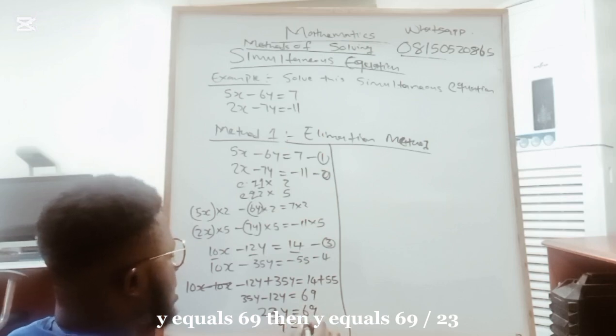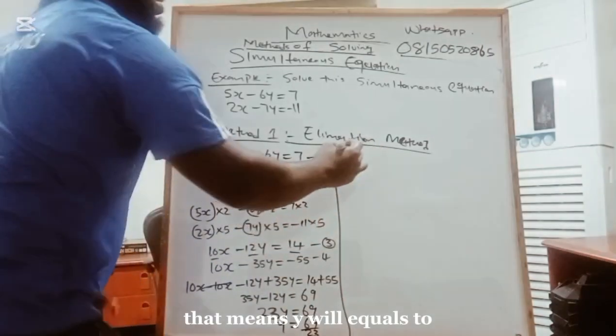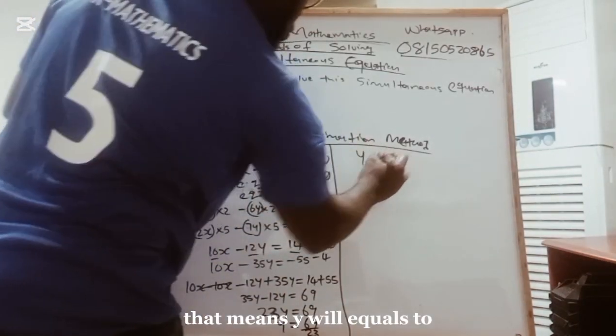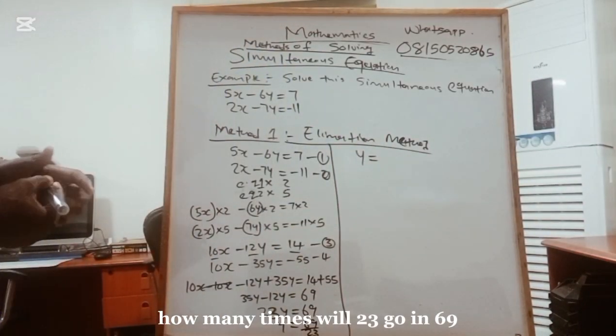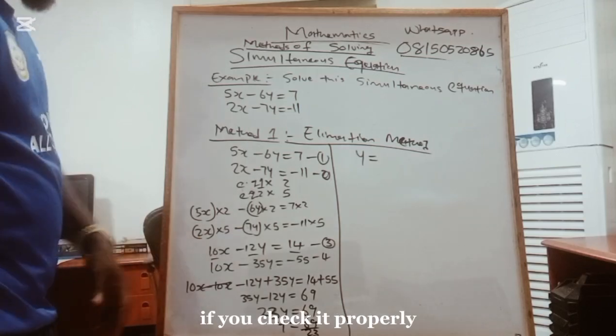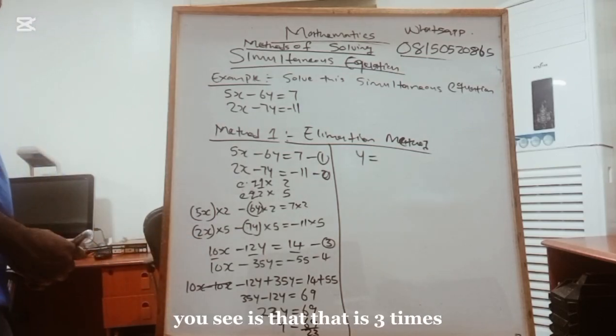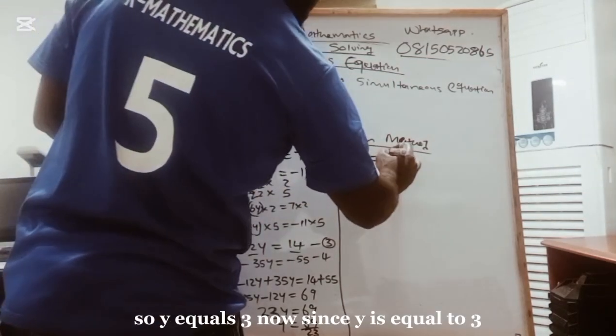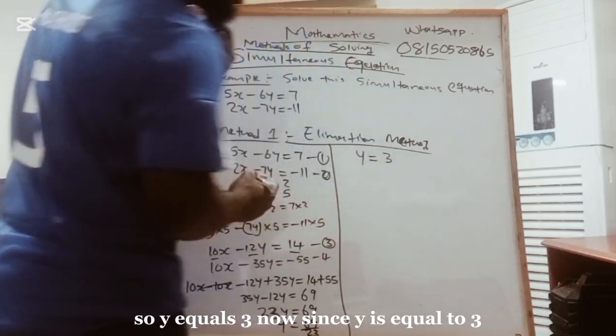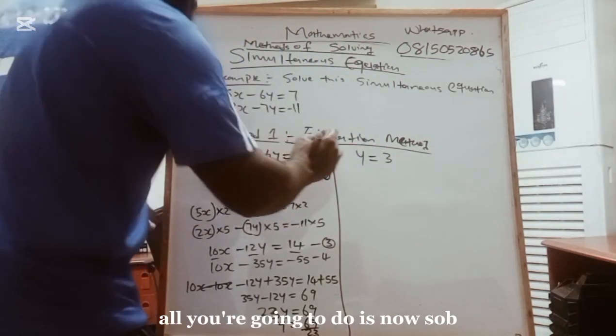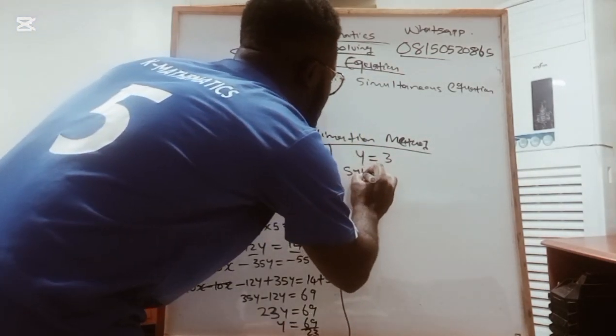Then y equals 69 divided by 23. How many times will 23 go in 69? If you check it properly, that is 3 times. So y equals 3.